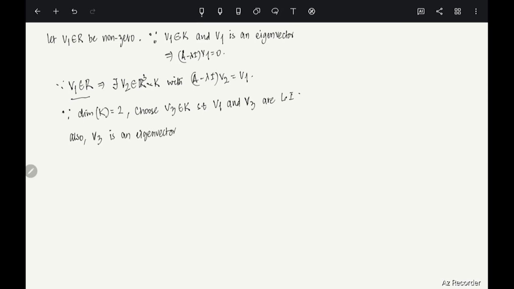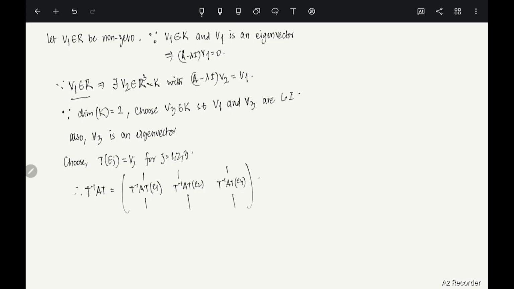Now you choose a change of coordinate: T of Ej is nothing but Vj, for j equals 1, 2, 3. Clear? If we do that, what is happening to T inverse AT? This matrix has columns T inverse A T acting at E1, then at E2, and then at E3.